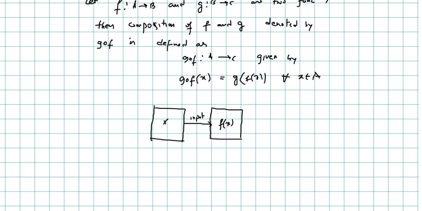The output of this one now becomes the input for g of x. Then the composition is, from x we are getting the final output here. So this is g of f or gof. Understand? Let us see some example.